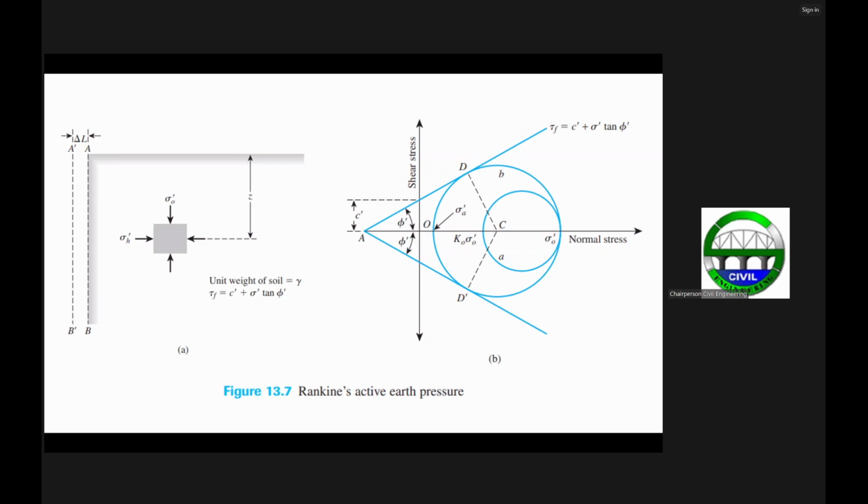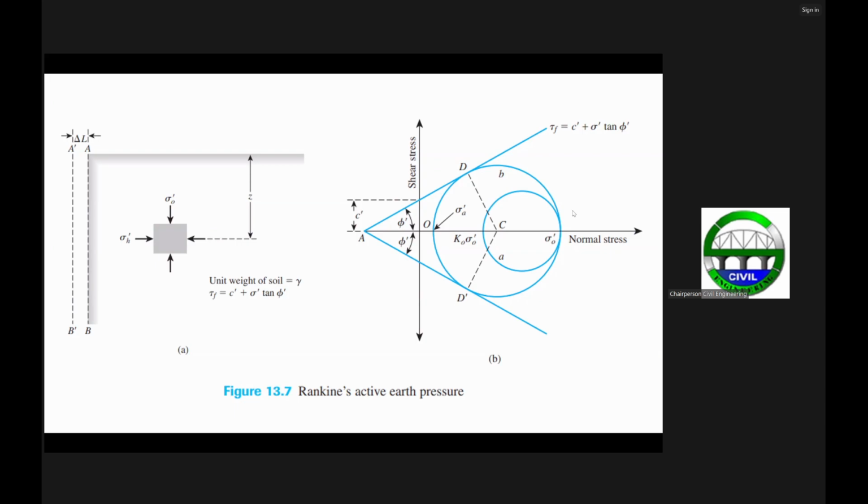So from the initial position of your Mohr circle, the vertical effective pressure is still the same, but the horizontal effective pressure will start to decrease until it reaches a final value at this point here, which we now call the active earth pressure.